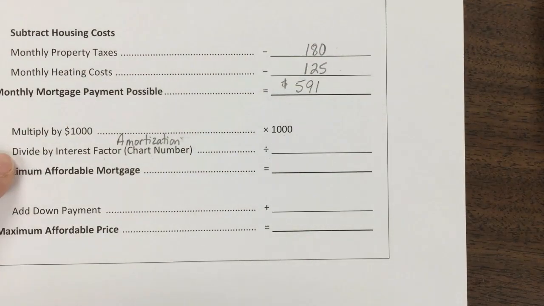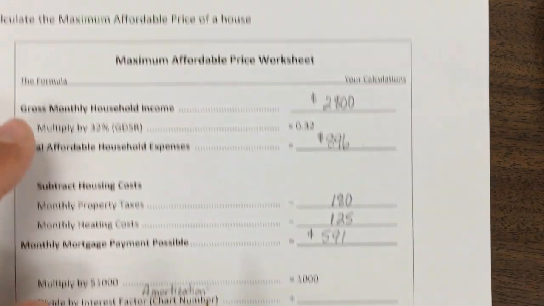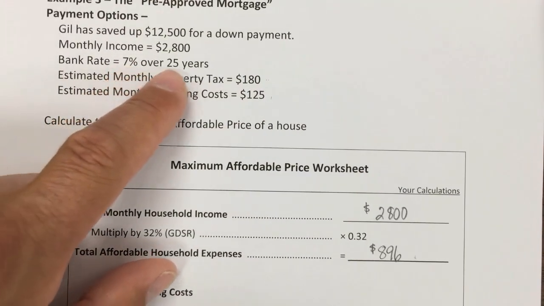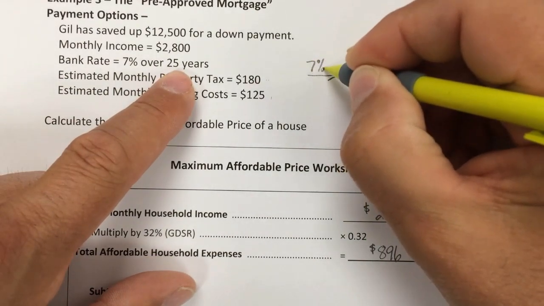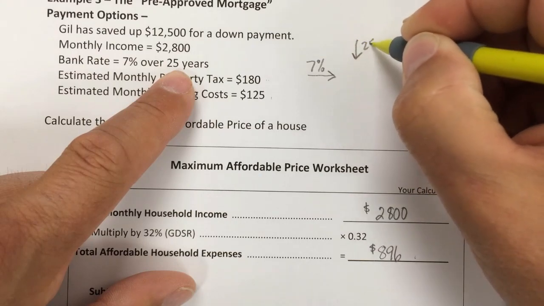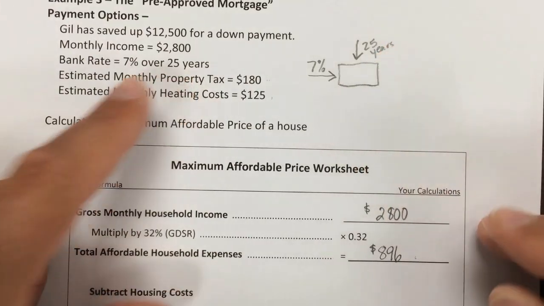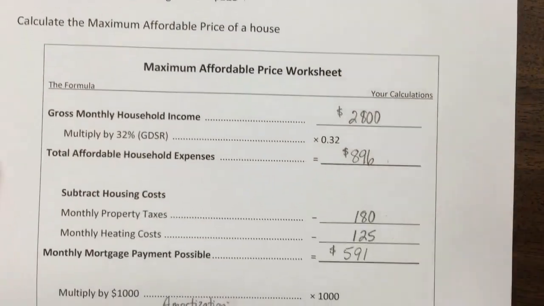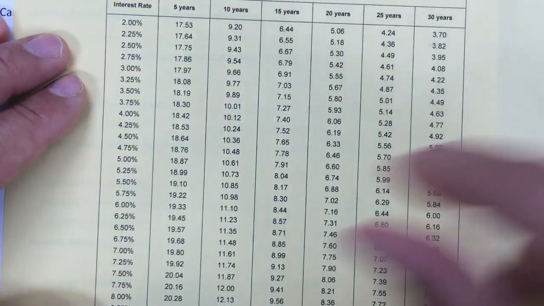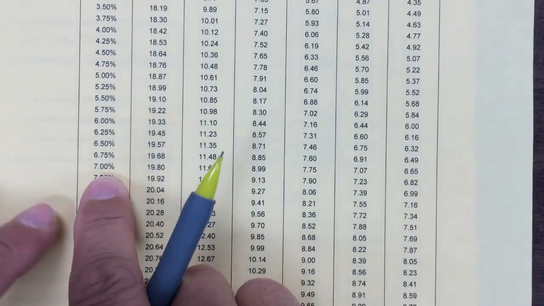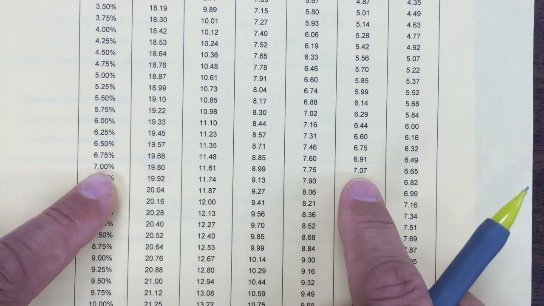Okay, well, what do we know about amortization? Here it is, 7% and 25 years. So we're going to look across the row of 7%, and we're going to look down the column of 25 years, and let's find that value. That's the value we're going to put in that spot there. Okay, so going to the table, 7% is right there, and this number is 5 years, 10 years, 15, 20, 25 years.